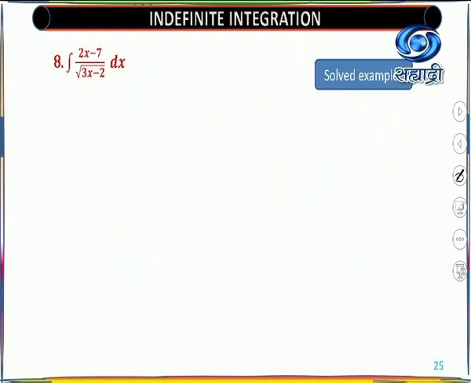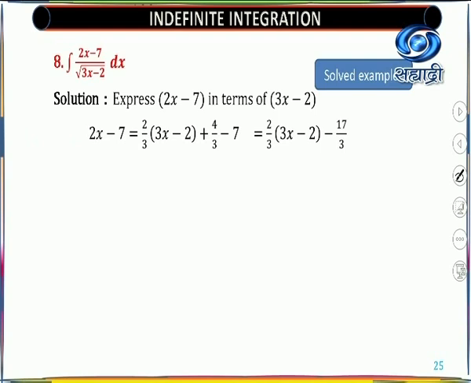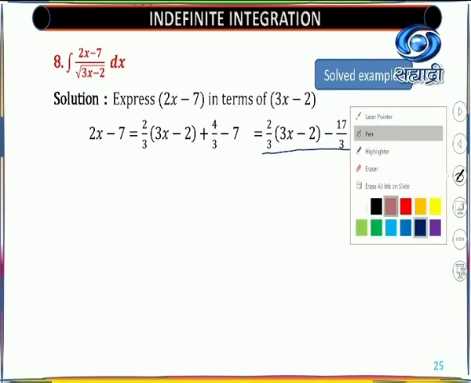There is another method also to find the values. The expression 2x minus 7 in terms of 3x minus 2 is, as we have just discussed, 2 upon 3 into (3x minus 2) plus 4 upon 3 minus 7, which is minus 17 upon 3. This is also one of the methods to solve it.